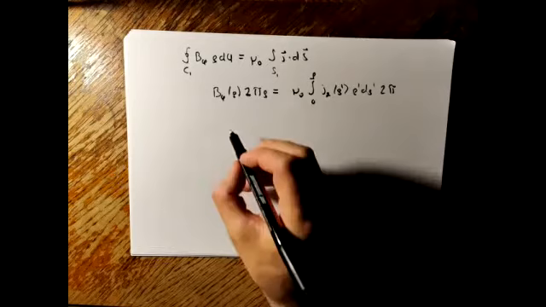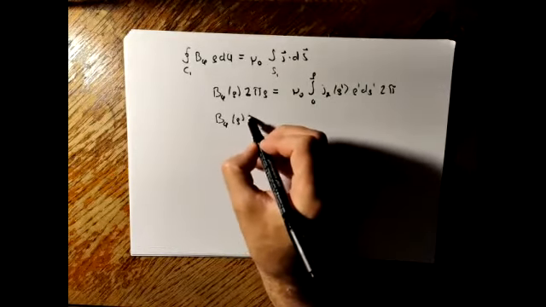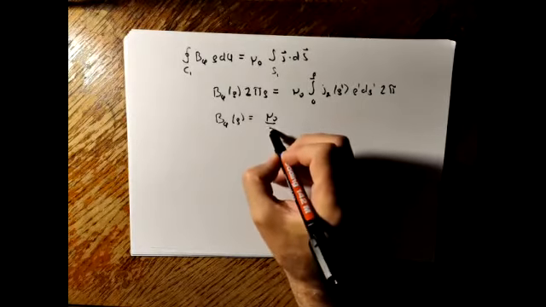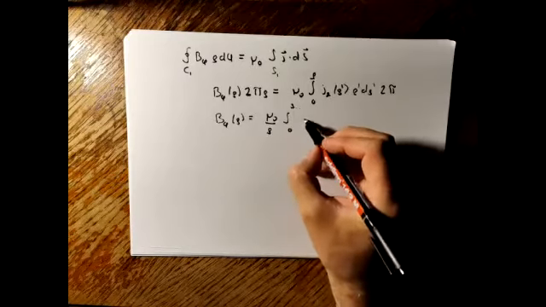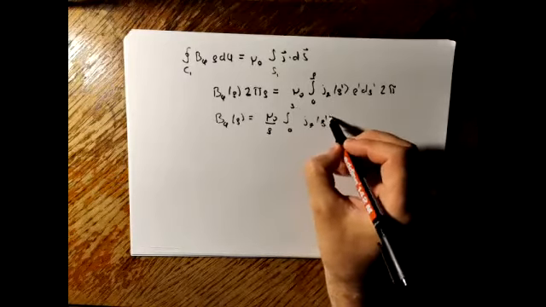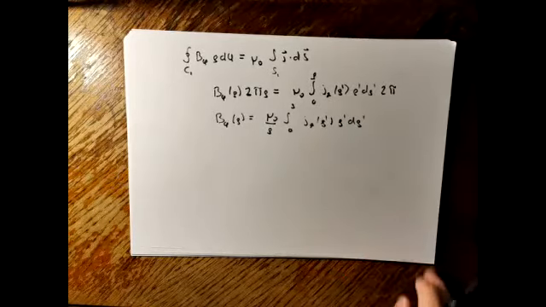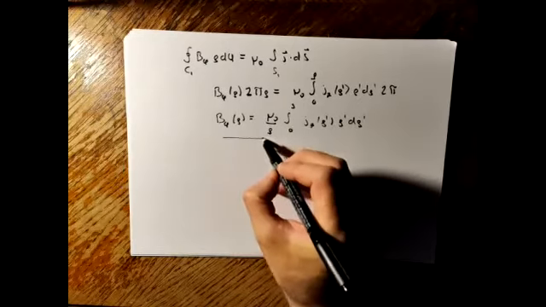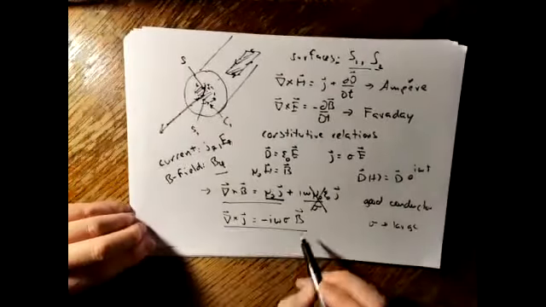So the 2 pi's cancel, and our first equation is that B phi of rho is equal to mu 0 divided by rho, times the integral from 0 to rho of Jz rho prime d rho prime. So that's one equation. You can underline this.